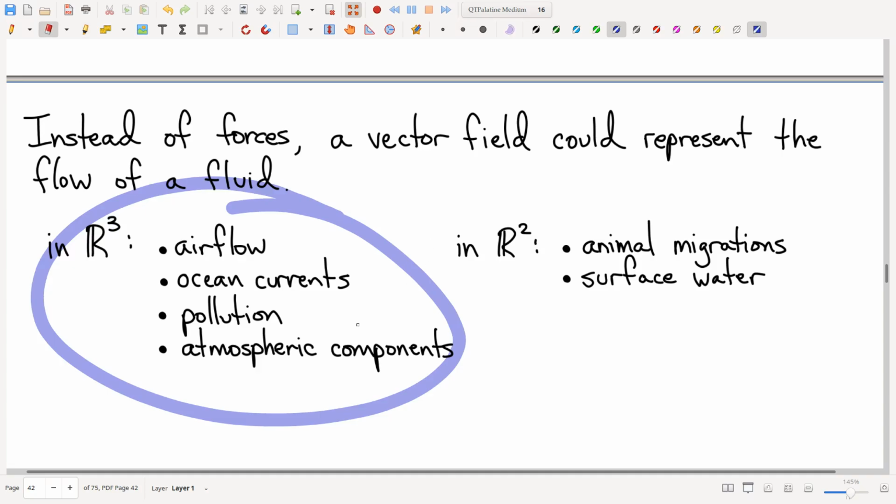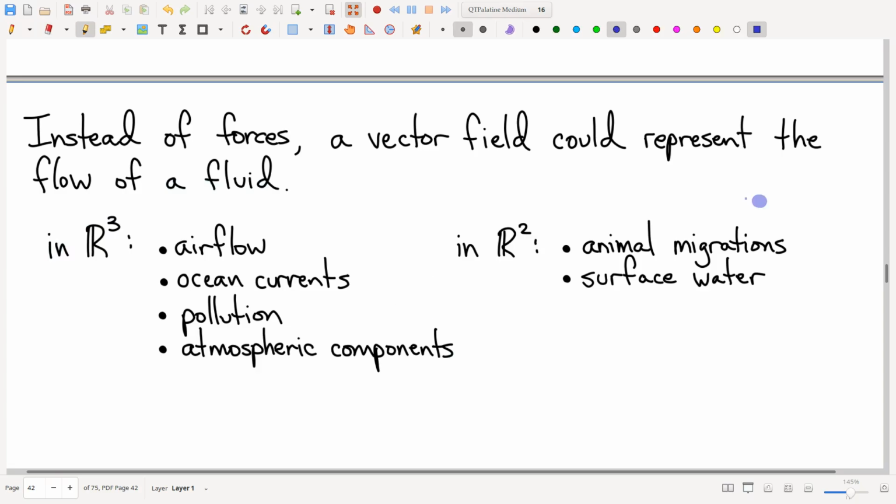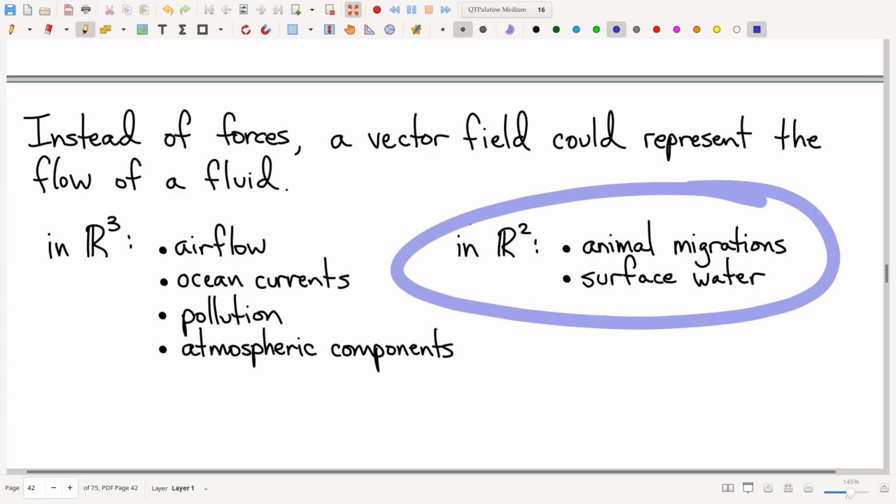And I like to point out as well, even though we live in a three-dimensional world, there are some two-dimensional fluids, air quotes, that we need to keep track of as well sometimes. And surface water is the easy one to make reference to. So if you think about how water flows on the surface of the earth, rivers and stuff like this.